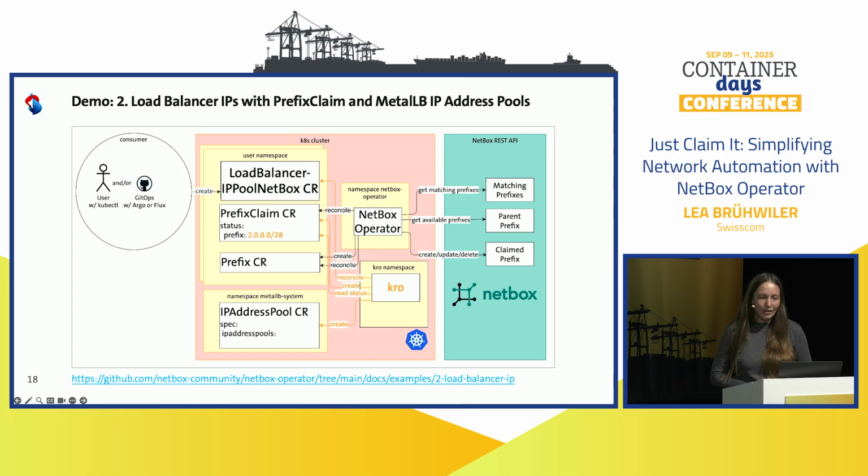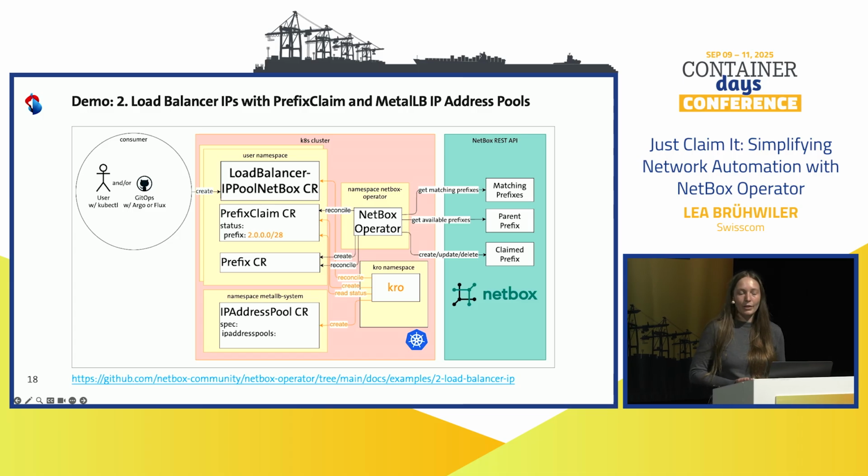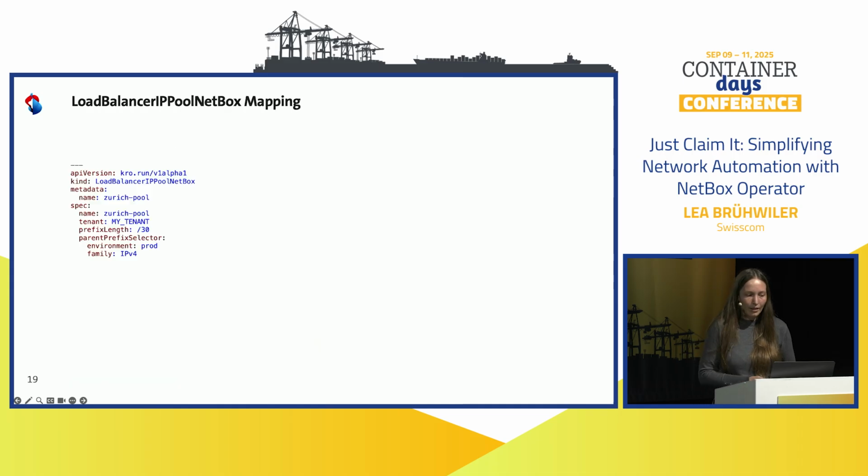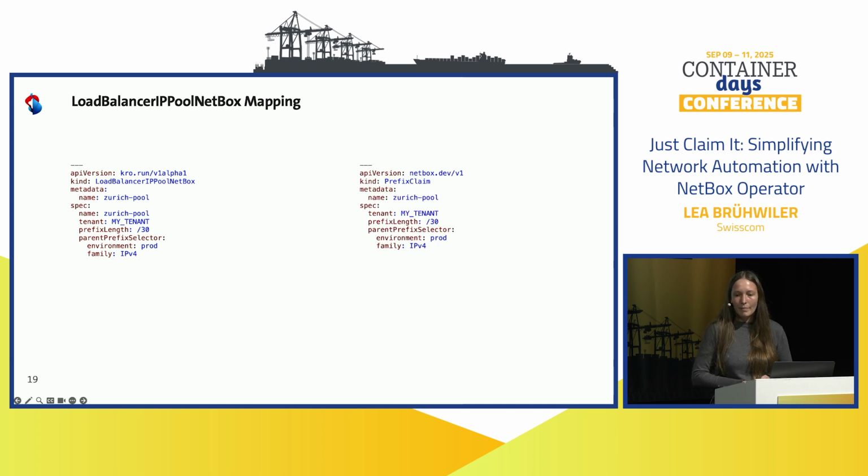So in my case, I created this load balancer IP pool NetBox custom resource, and it does the mapping between the prefix status field to the IP address pool custom resource. So that's how it looks like. On the left, I have the newly created custom resource for the resource graph definition. And kro will then first create the prefix claim.